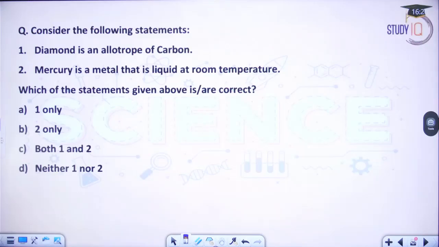Then consider the following statements. Diamond is an allotrope of carbon. Mercury is a metal that is liquid at room temperature. Which of the statements given above are correct?